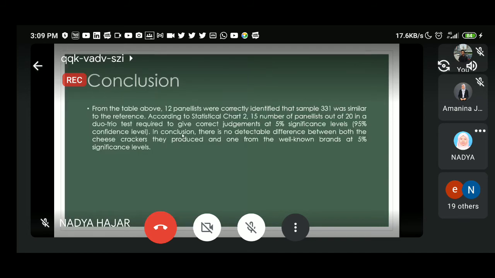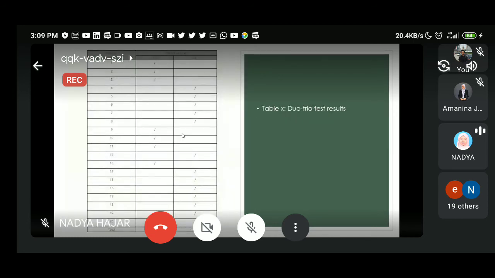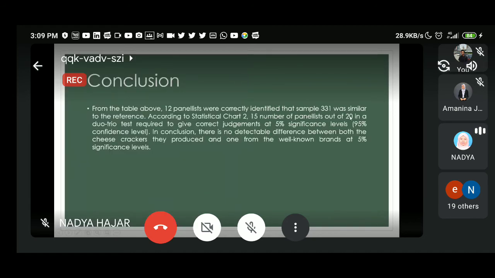Okay, from the table above, 12 panelists were correctly identified that the sample 331 here, 331 ada 12 panelis yang cakap sama dengan reference according to the statistical chart.